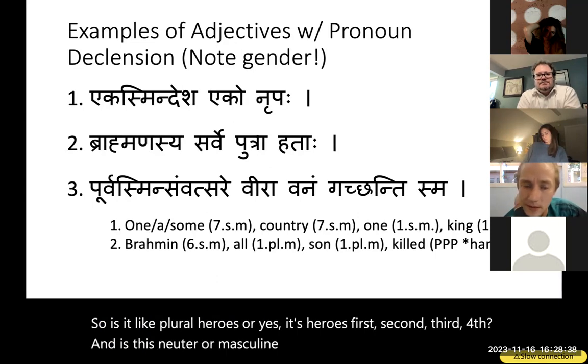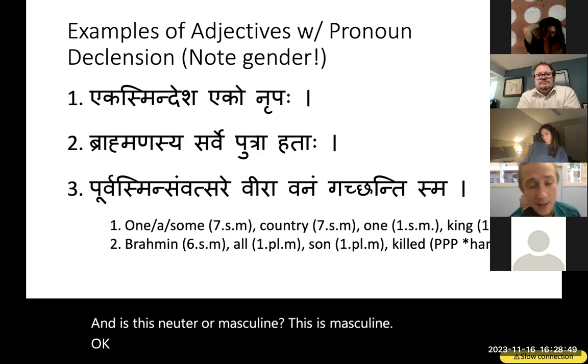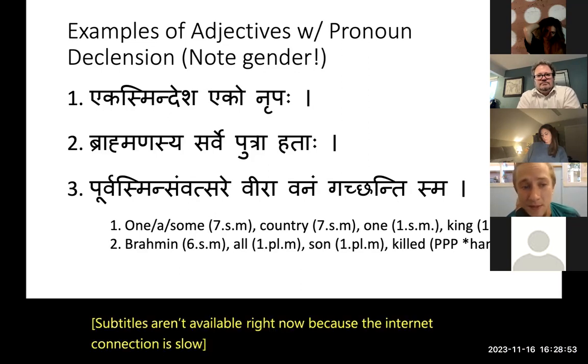This is masculine. So vira, heroes, is the nominative plural. Then gachanti sma, like the simple past of gam, to go. Yes. Vanam being the accusative there, so like into the forest. You did this one on purpose. I didn't, but I'm pleased it worked out.